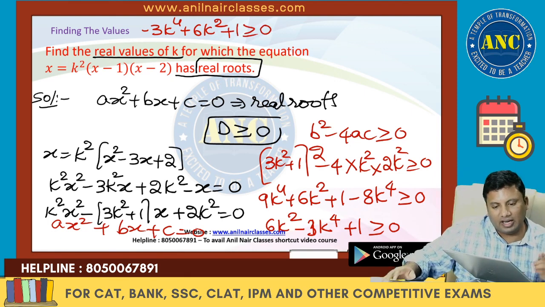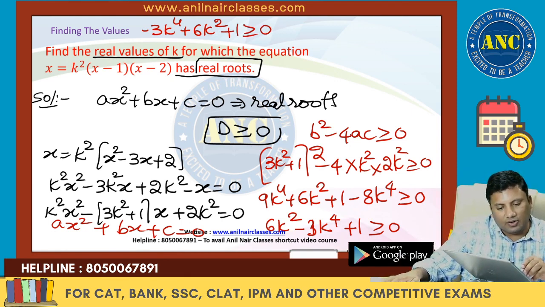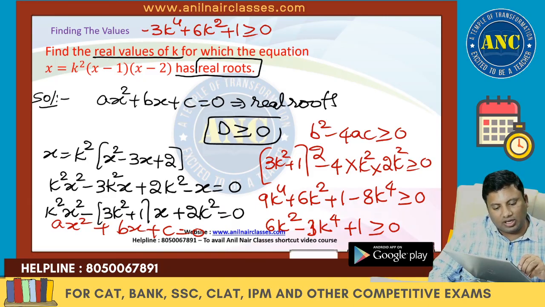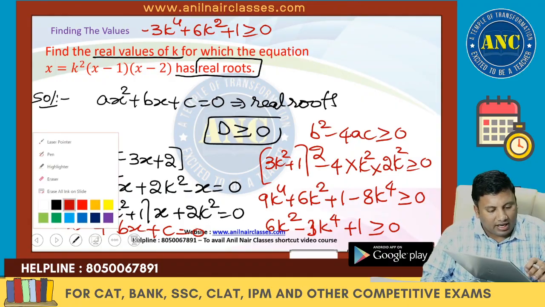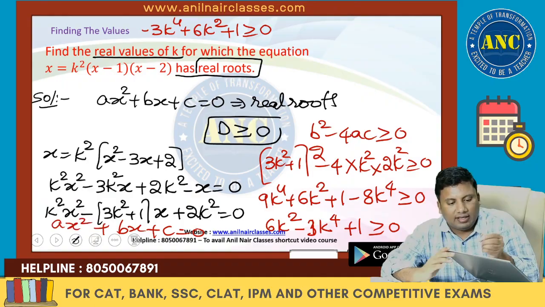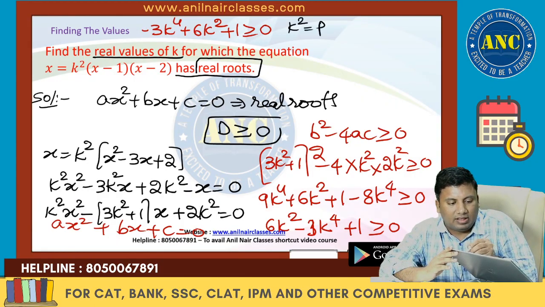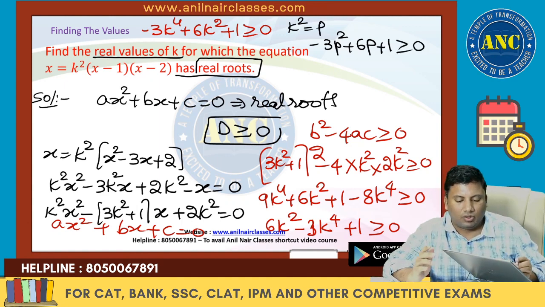I hope it is clear, right? Here a is k square, b is minus of 3k square plus 1, and c is 2k square, in b square minus 4ac. So if I take k square as p, this will become minus 3p square plus 6p plus 1 greater than or equivalent to 0.